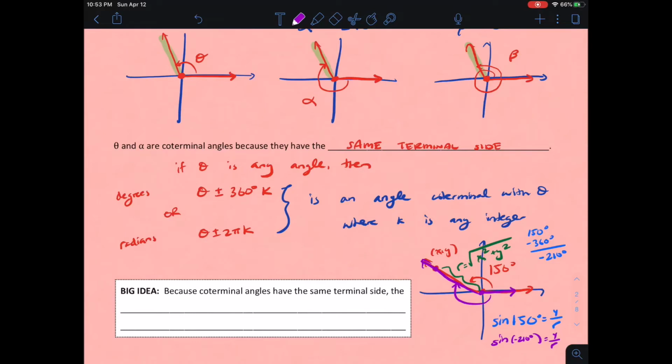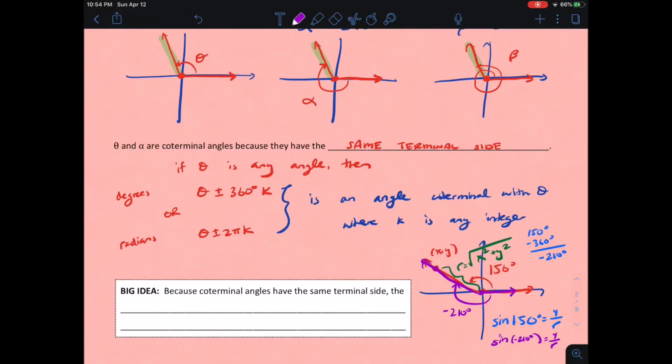Do you agree that I'd still get the same ratio, y over r? Because the point didn't change, r didn't change. The only thing that changed was the angle itself. Both angles, 150 degrees and negative 210 degrees, share the same terminal side. So naturally, sine of 150 degrees would be the same as sine of negative 210 degrees. These two coterminal angles will have the same trig values.